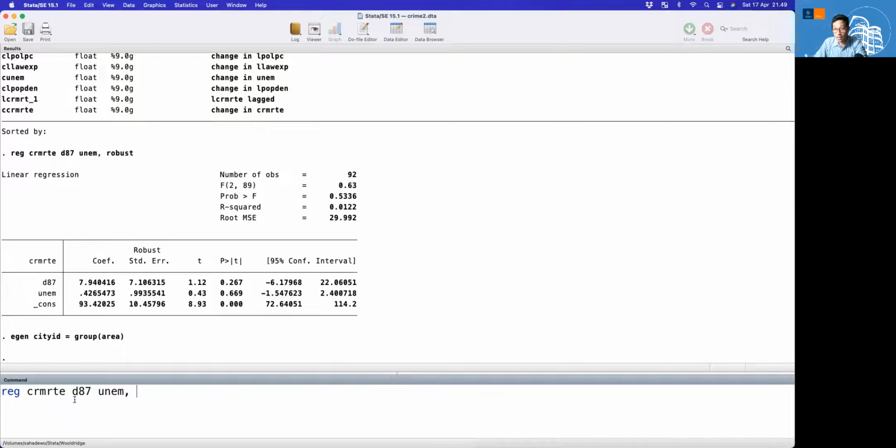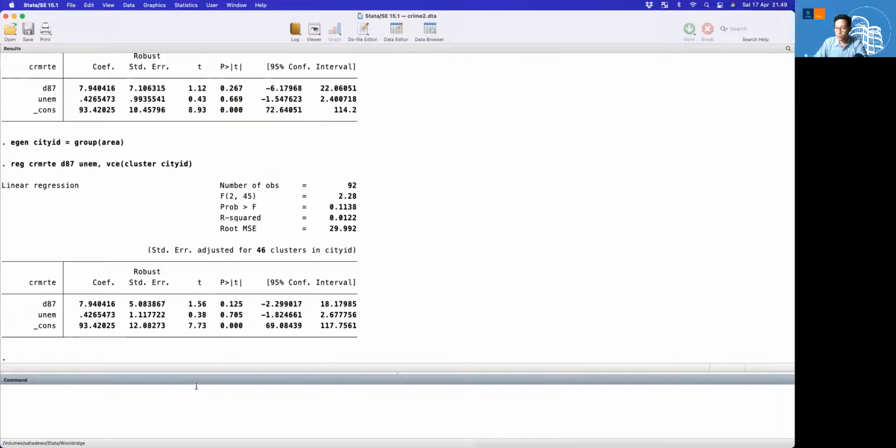Instead of using robust standard error, I'm going to use cluster robust standard error. So I'm going to use the VCE, and then I'm going to use the CDID as the cluster. I'm going to write cluster and then CDID. So let's run the regression.